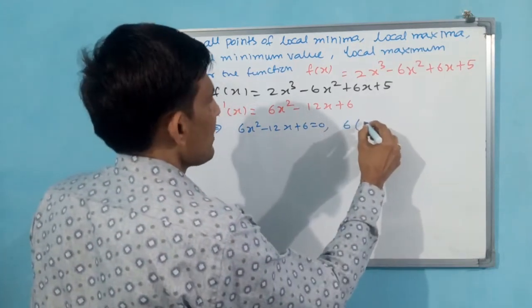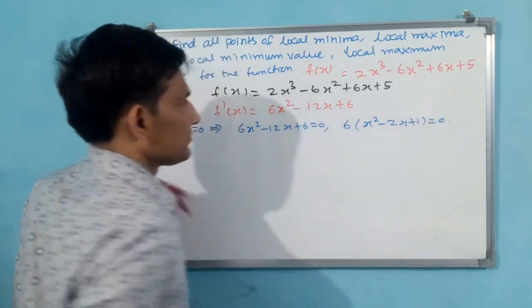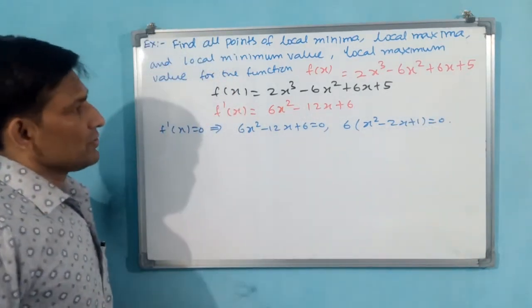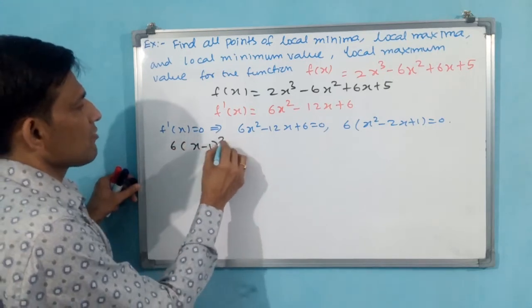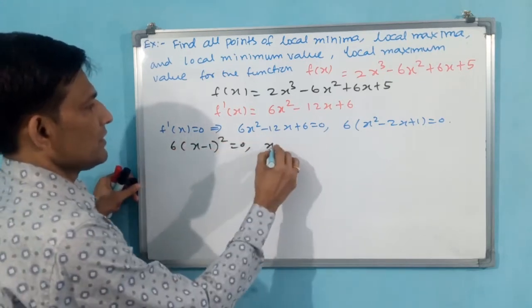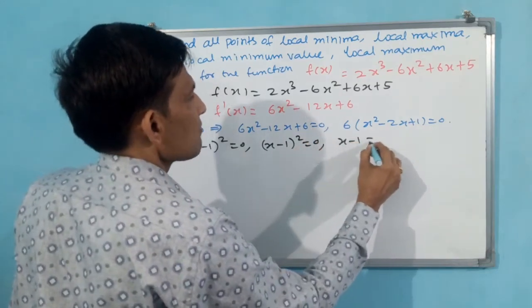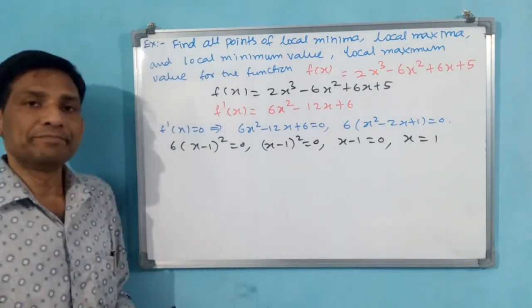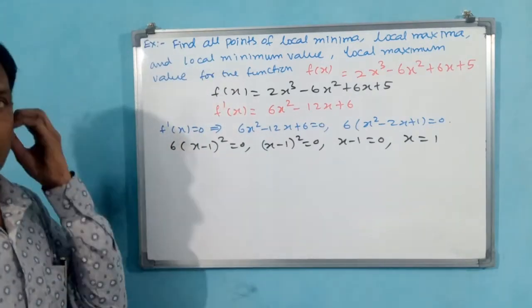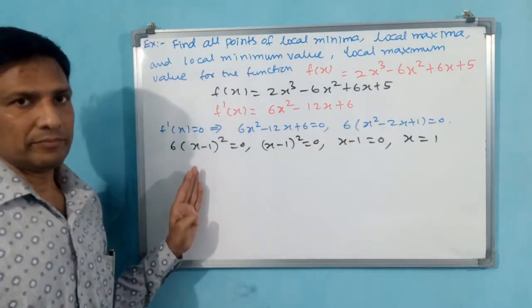If you take 6 common, x square minus 2x plus 1 is equal to 0. So 6 into (x minus 1) whole square is equal to 0. (x minus 1) whole square is equal to 0, x minus 1 is equal to 0, x is equal to 1. Is it correct? x square minus 2x plus 1 means (x minus 1) whole square only.